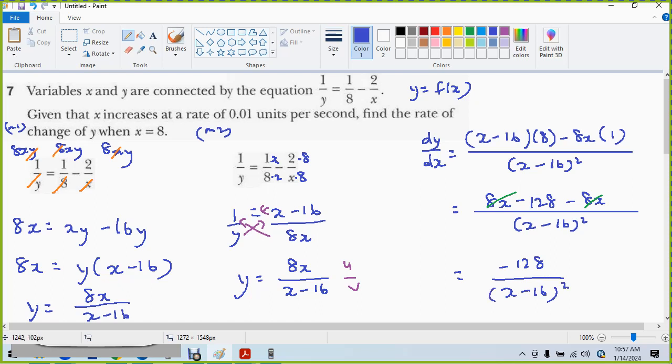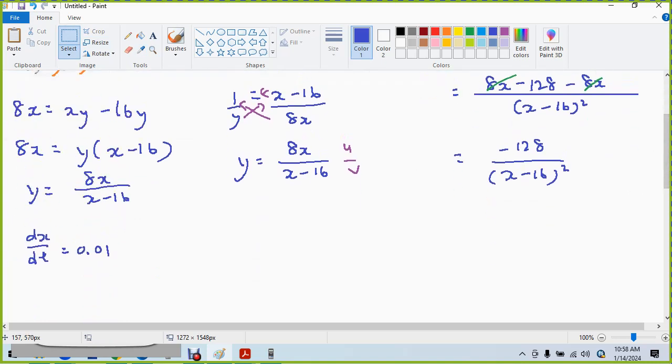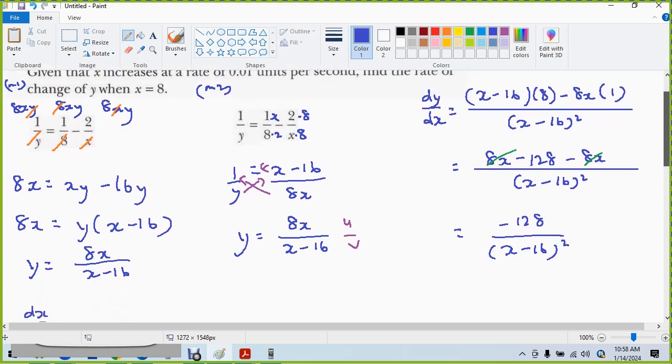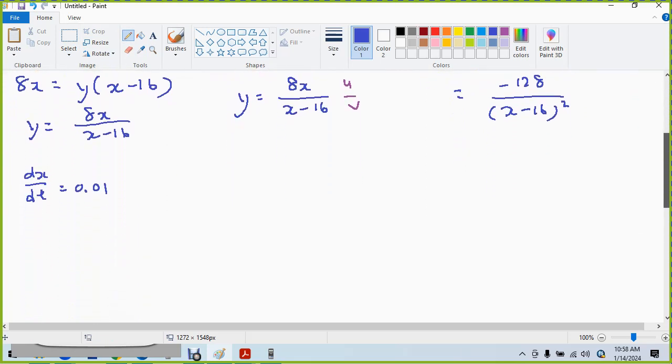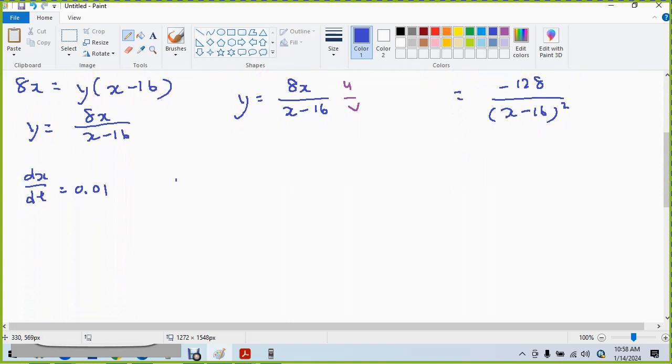x equal to 8. Okay, so here dx/dt is 0.01. So this is dx/dt, and then we have dy/dx when x equal to 8. So we want to find dy/dx when x equal to 8, that is negative 128 over (8 minus 16) squared.